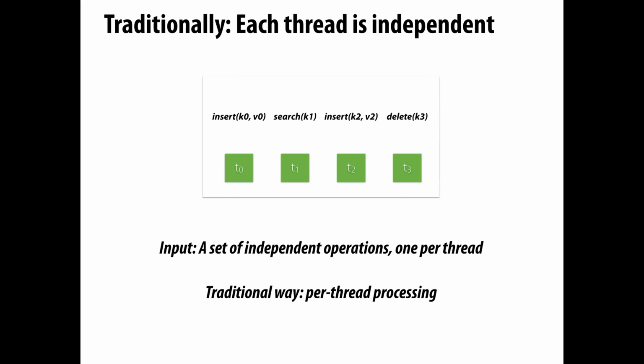You write one program that runs on one thread, and different threads can branch any way that they want. So you might have one thread doing insertion, one doing searching, one doing deleting. Traditionally, you can write code like this, with a little switch statement up top: am I doing this or this or this? So the atom that we think about here is an individual thread, an individual piece of work, and that's what we're focusing on.